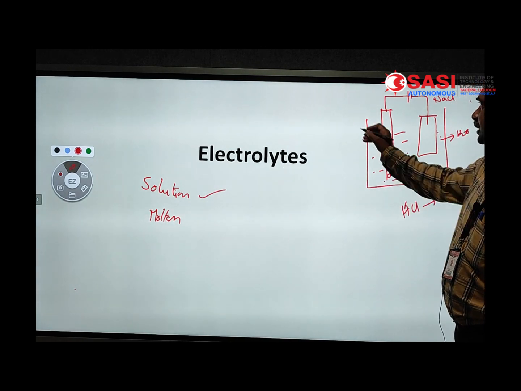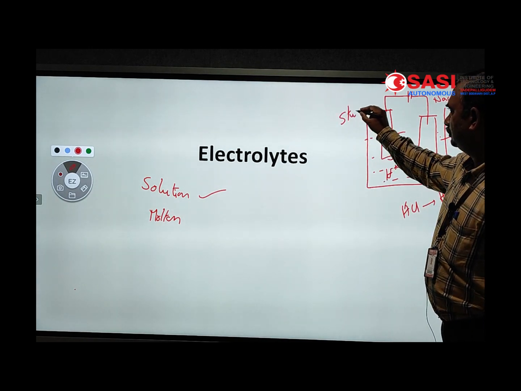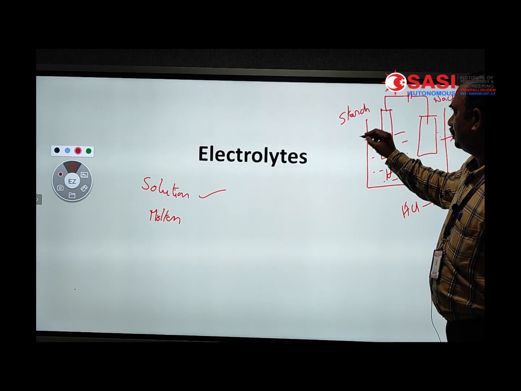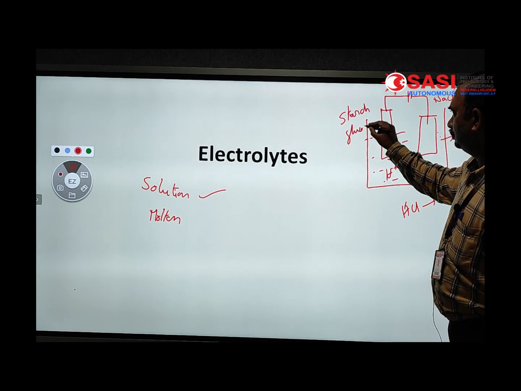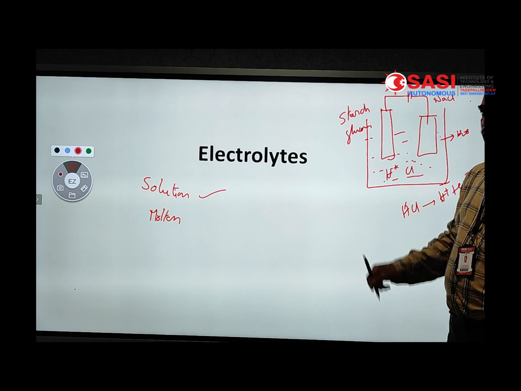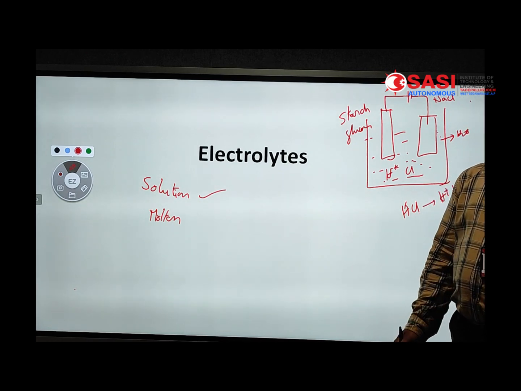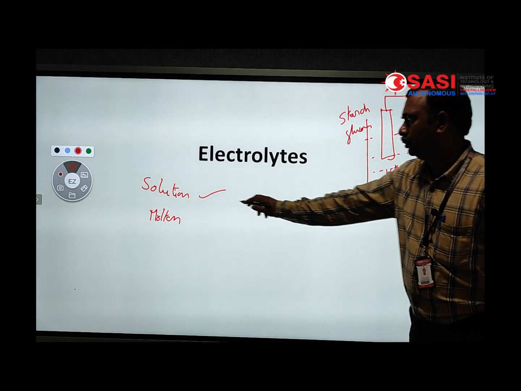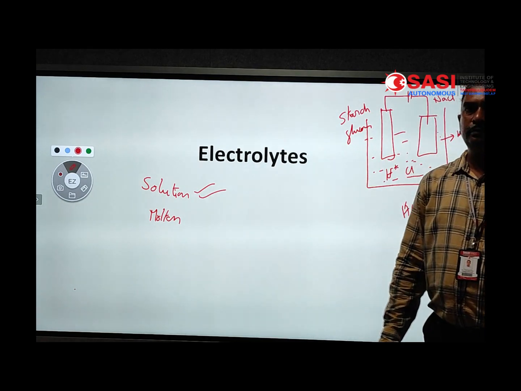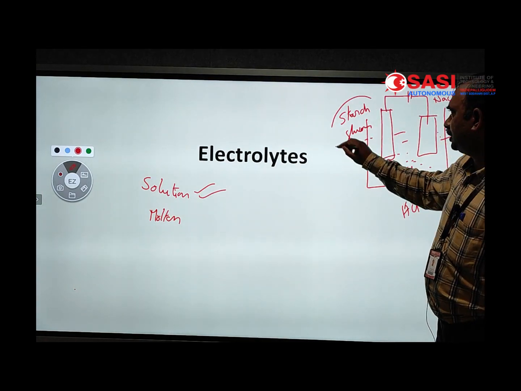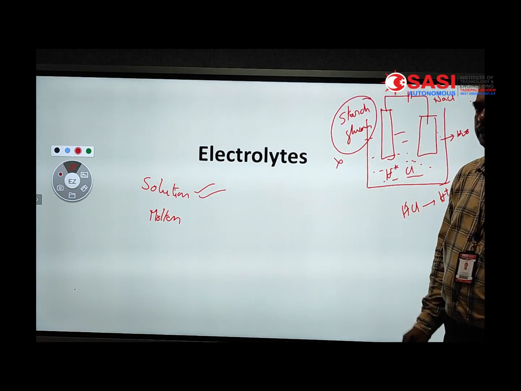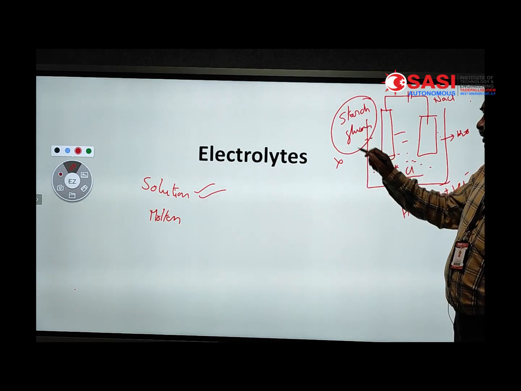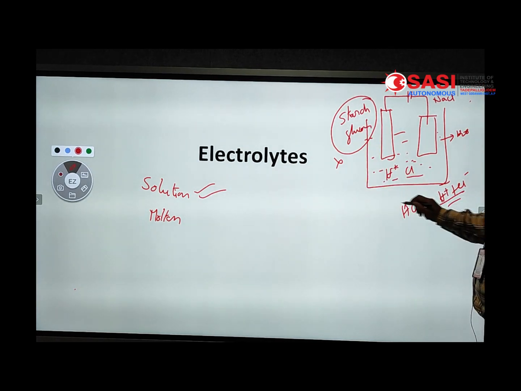Similarly, if you take any starch or glucose and dissolve it in water, they will also form a solution, but do they conduct electricity? These substances don't conduct electricity. What is the reason? Because these substances cannot produce any ions.